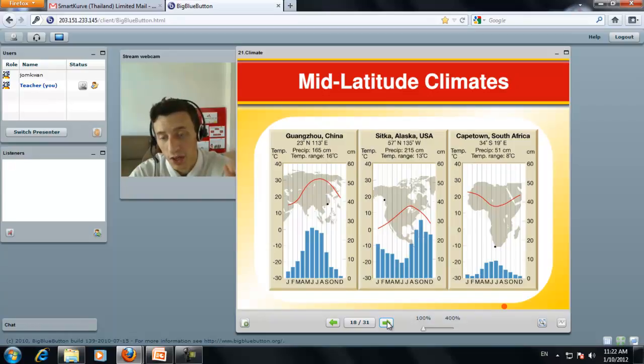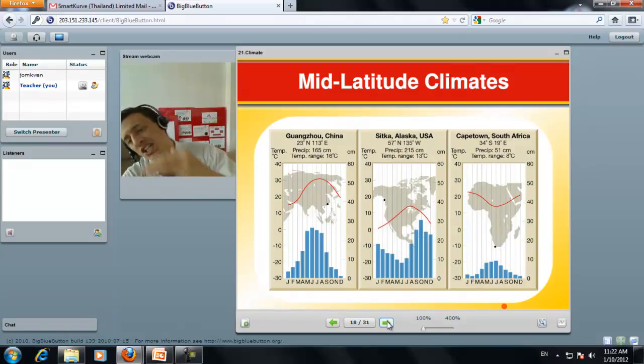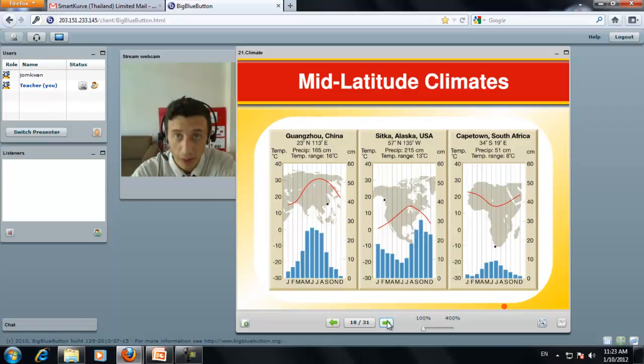Our temperature, we get our highest temperatures in late summer. So in that respect, it's very similar to Guangzhou. The temperature peaks in July and August. But in Sitka, in Alaska, the precipitation peaks after. So we get our highest precipitation in September, October, and November.